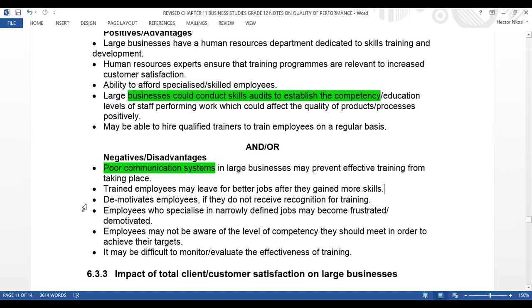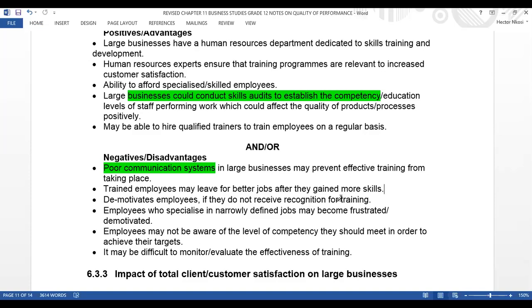Also, this thing of training demotivates employees if they do not receive recognition for training. No wonder now, guys, majority of the trainings, even us as teachers, they do give us recognition afterwards in terms of a certificate, in terms of a medal, so that you can put that in your CV basically and say, I've done a training for this, I've done the training for that.